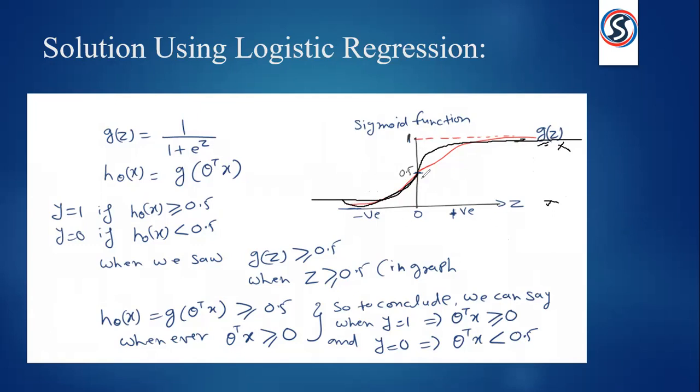Okay, so for this passing of line, we use something called the sigmoid activation function, that is g of z equal to 1 by 1 plus e to the power minus z. I can write the equation like this: 1 plus e to the power minus of theta 0 plus theta 1 into x.